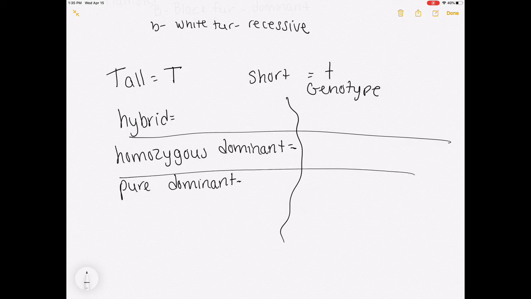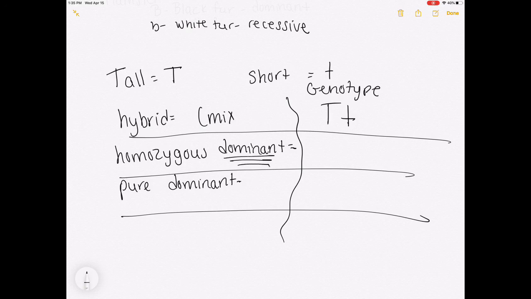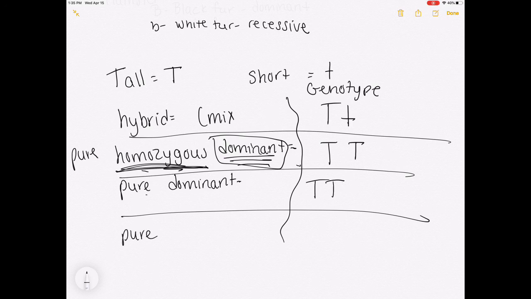A hybrid is a mix. Hybrid means mix, big T, little t. Homozygous dominant, because you see the word dominant, that's your key to know it's talking about dominant, it's going to be both big, big T, big T. It doesn't really matter what this word is. You're only going to see this written this way, homozygous dominant, or maybe pure dominant. And what about pure recessive? That would be little t, little t.